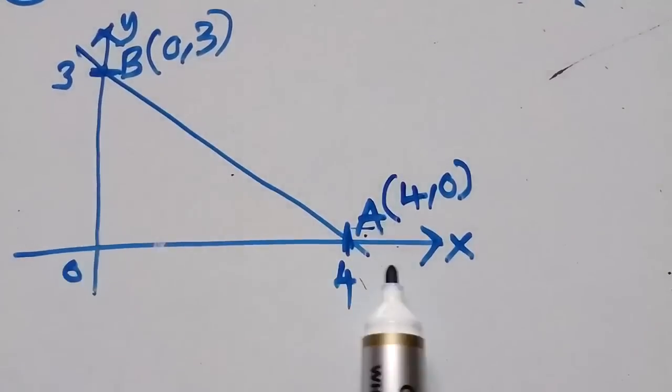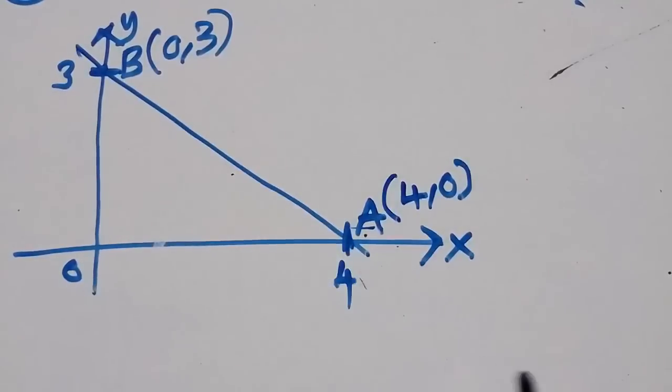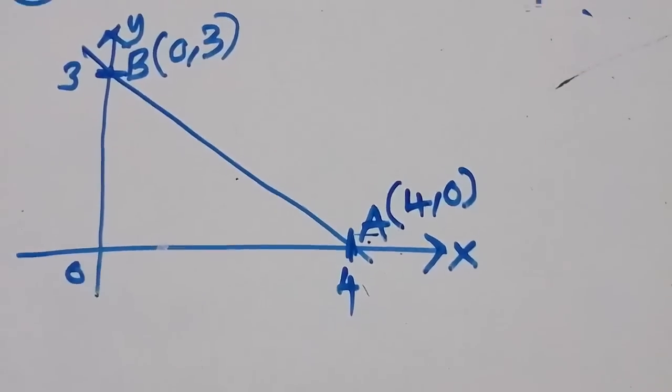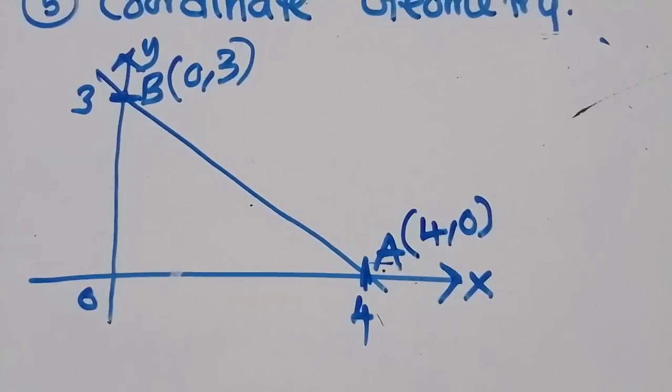If you are told to find the gradient, can you fail? You can't. So it's just a matter of understanding the question and understanding what you're given. Don't say this one came under the graph, this one came under this. No. The key thing here is understanding the point. Once you understand the point, then everything will be very easy.